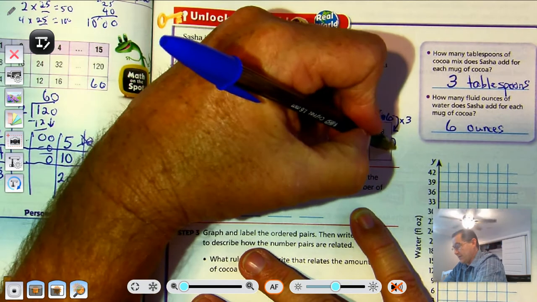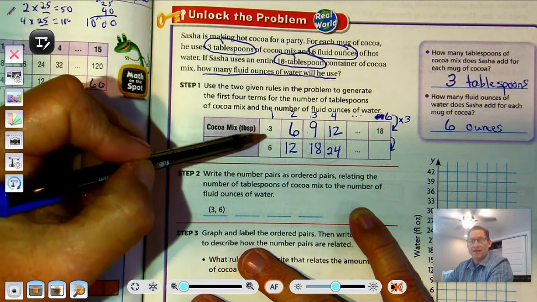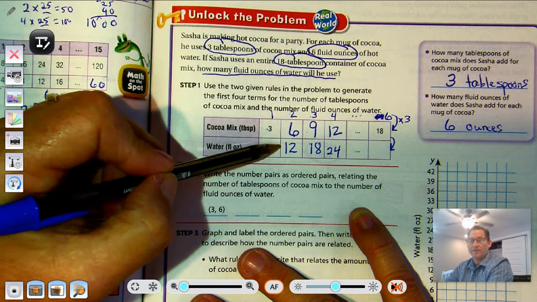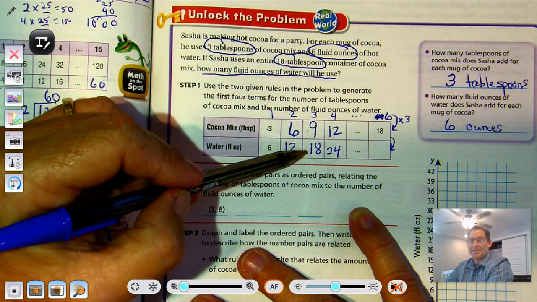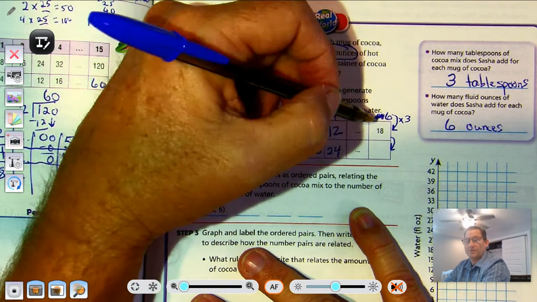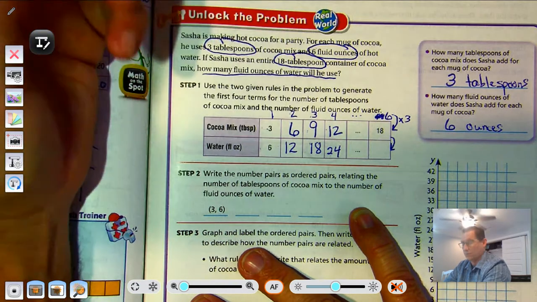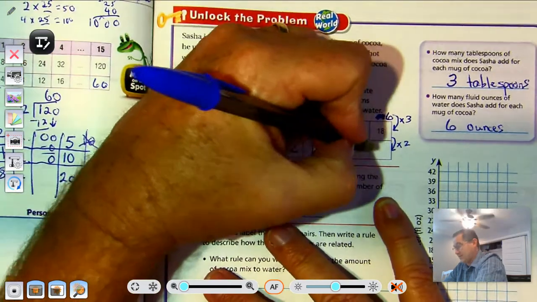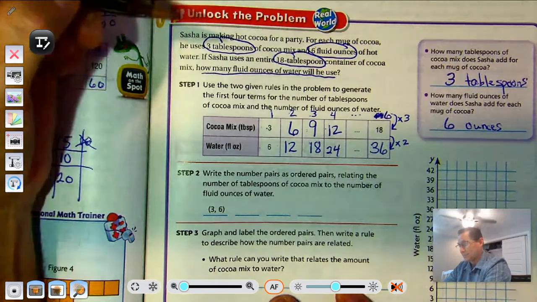And then what's the relationship between the cocoa mix and the water? 3 to 6 is times 2. 6 to 12 is times 2. 9 to 18 is times 2. 12 to 24 is times 2. So multiply the number of cocoa mix tablespoons by 2. And so 18 plus 18, that's 36.